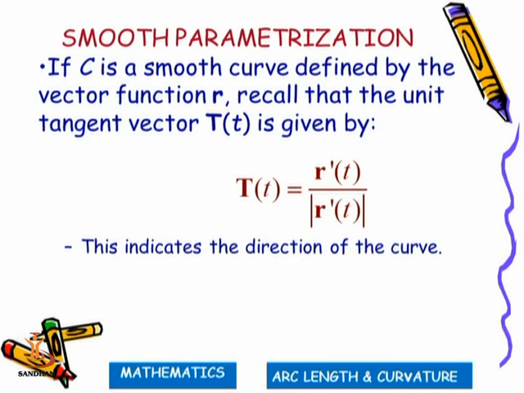Smooth parametrization: if C is a smooth curve defined by the vector function r, recall the tangent vector T. What is our tangent vector? That is r'(t) divided by the norm of r'(t). This indicates the direction of the curve.